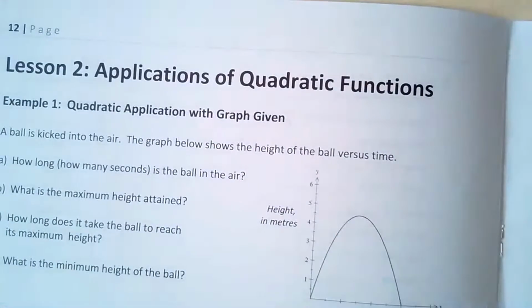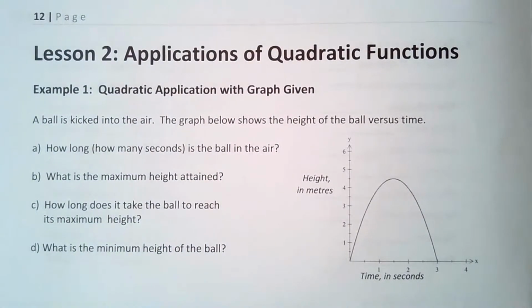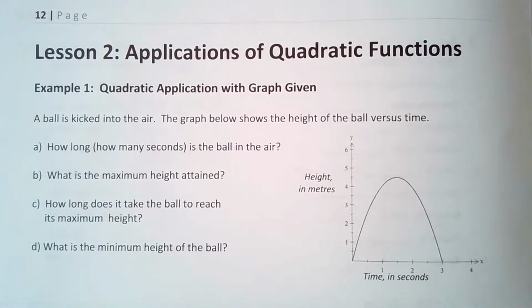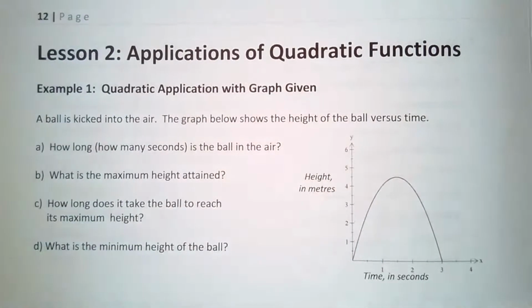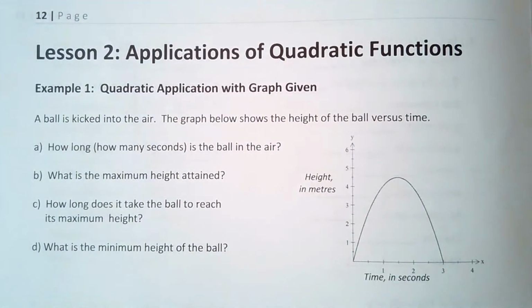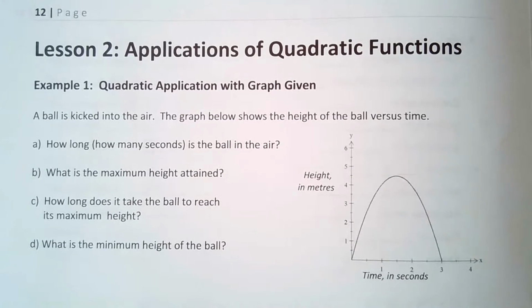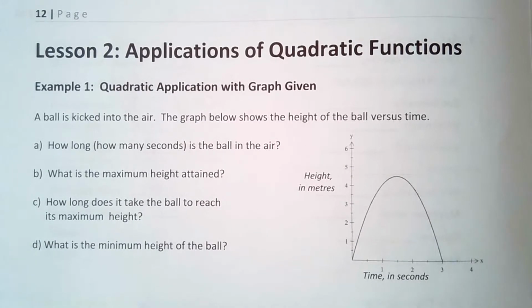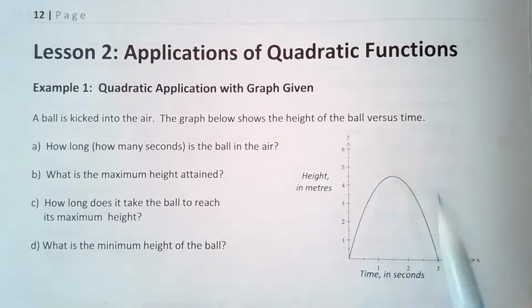So let's look at the first example. In this example, you're given a graph, and the graph represents a ball kicked into the air. This graph shows you the height of the ball versus time.